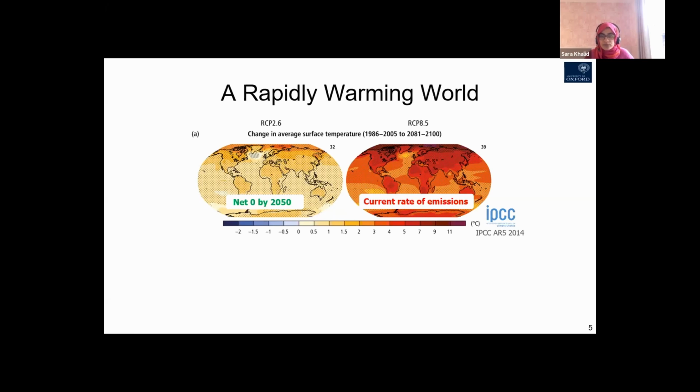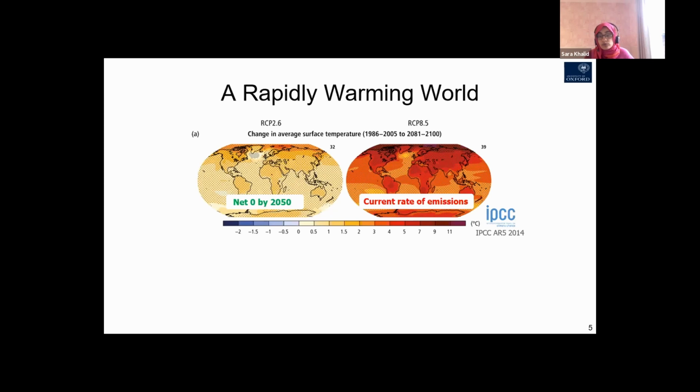So that's the importance of the 2 degrees. And on the right side is the business as usual scenario, where at our current rate of emissions, the world is set to be 4 to 5 degrees warmer than it is right now. And to put that into perspective, when the world was 4 to 5 degrees colder, the planet was in the Ice Age.